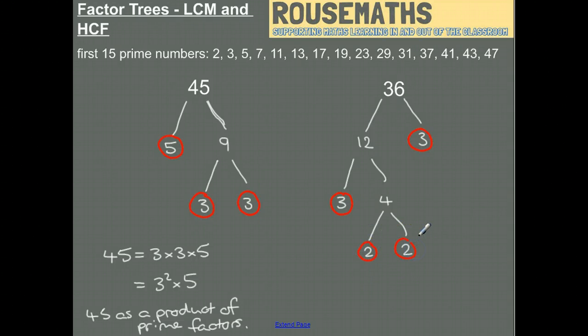But they are prime. So I'm all done with that one, which means that 36 as a product of its primes is 2 times 2 times 3 times 3. So we've got 2 squared times 3 squared, and that's the product of prime factors for 36.